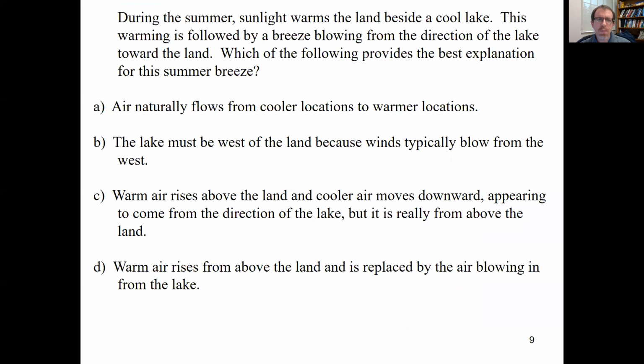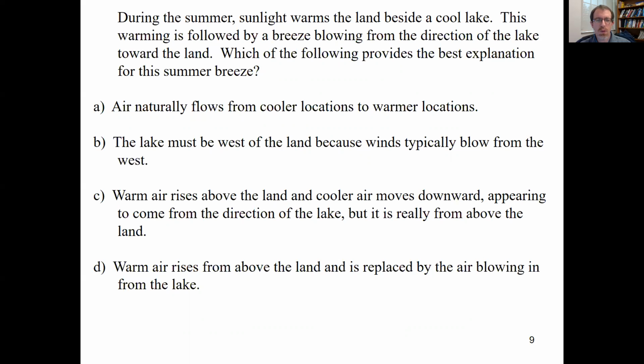All right. So I've got a little question here. It says, imagine that you're at a lake during the summertime, and it's kind of a warm day, but you're feeling a nice cool breeze blowing into your face from the direction of the lake. We're asked which of the following best explains this breeze. Well, is it that air naturally flows from cooler locations to warmer locations?